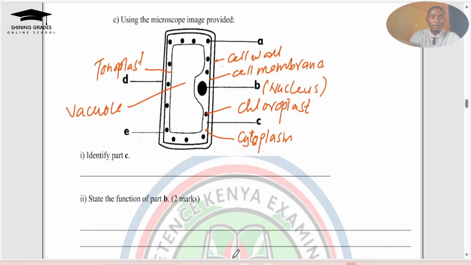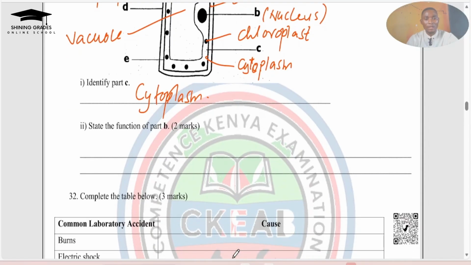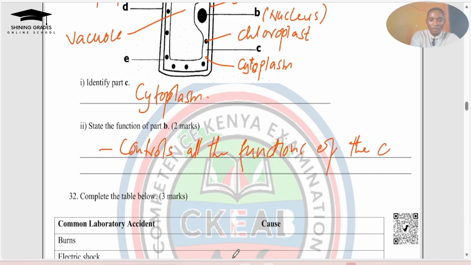Part C is the cytoplasm. State the function of part labeled B. B, learners, is the nucleus, and the main function of the nucleus, it controls all the functions of the cell.